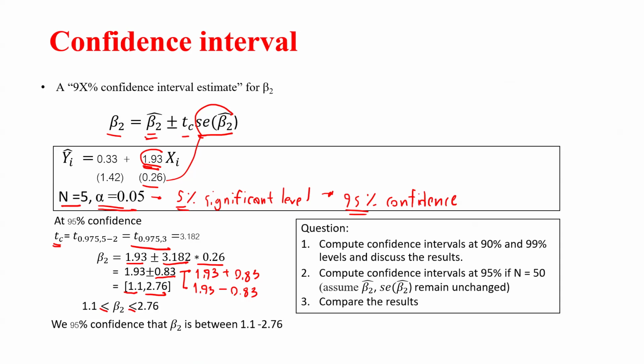Okay, so let's practice together. After we compute 95%, we got the beta interval 1.1 and 2.76. First question: please compute confidence intervals at 90% and 99% levels and discuss the results. Okay, so let's do 99% first.